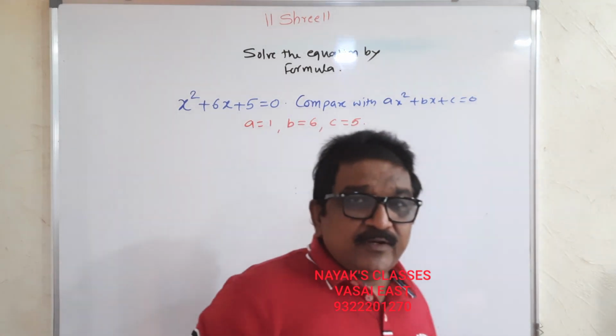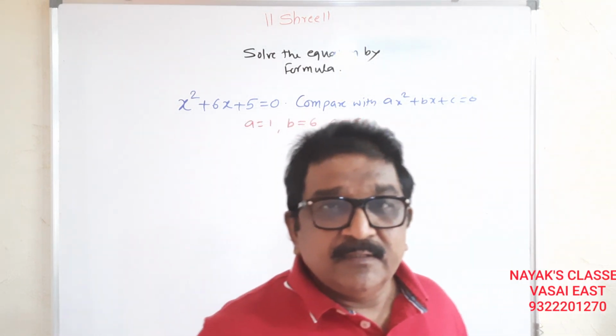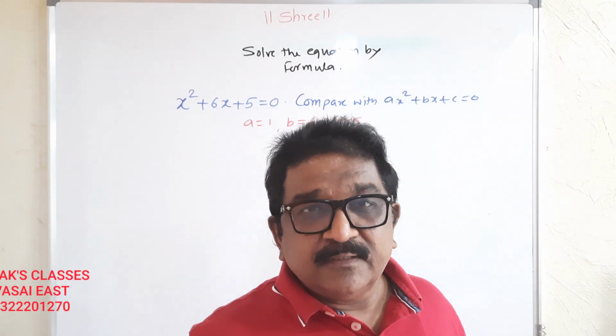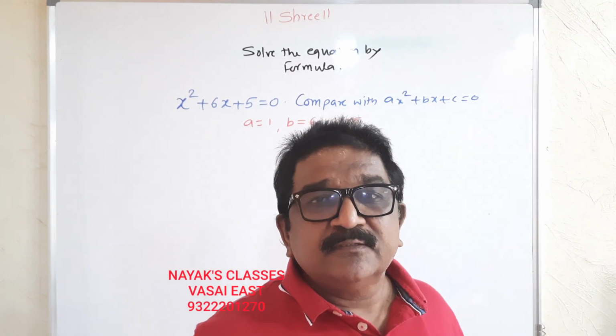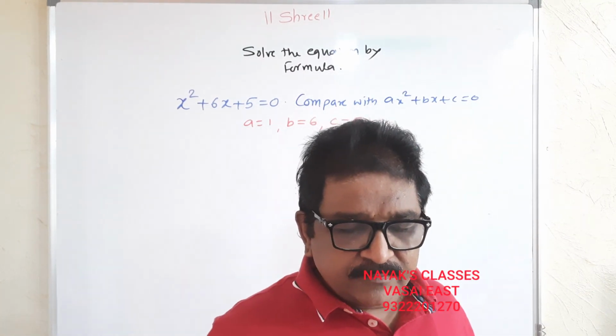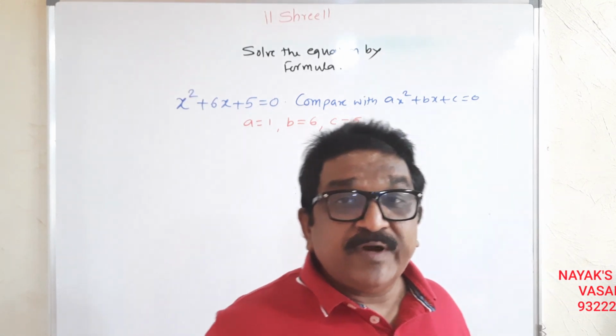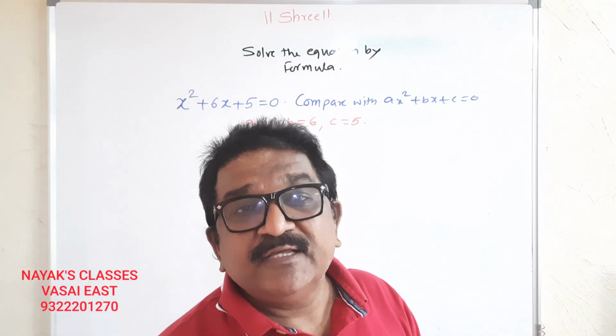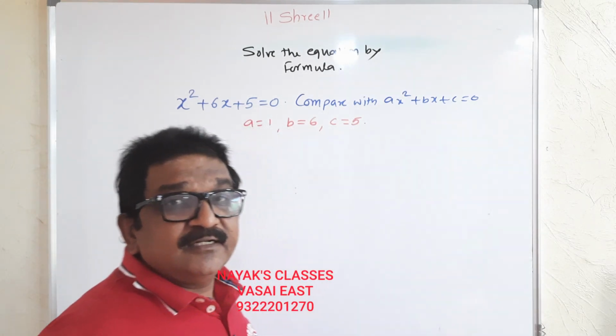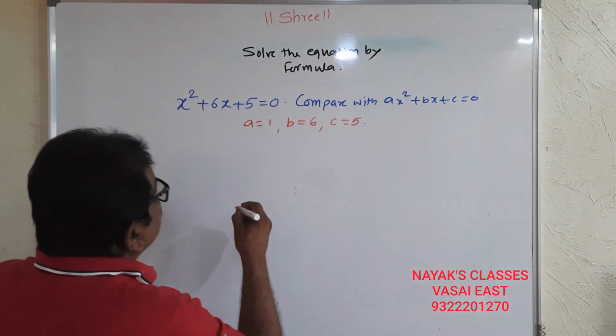After finding these values, our first step is finding the value of b square minus 4ac, that is the discriminant.